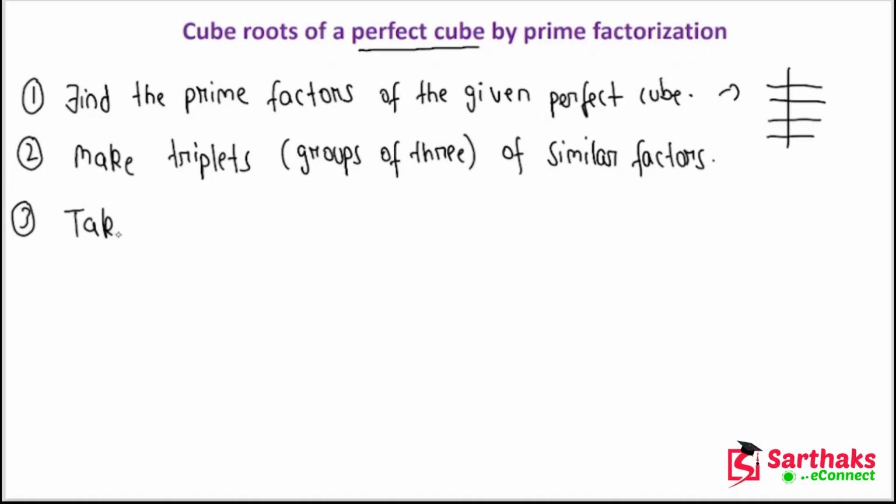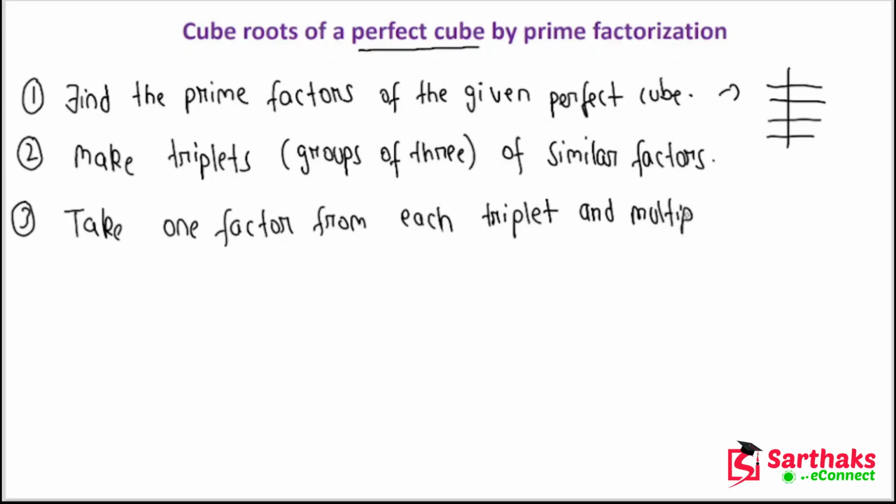Then the third step says to take one factor from each triplet and multiply them.